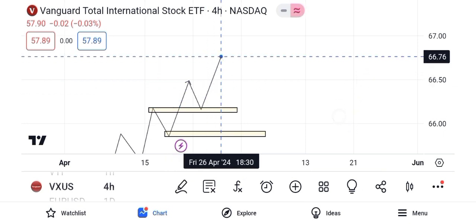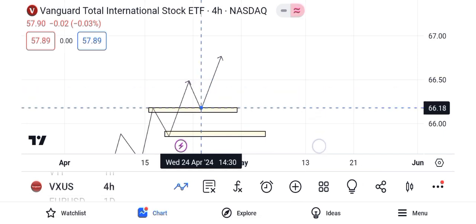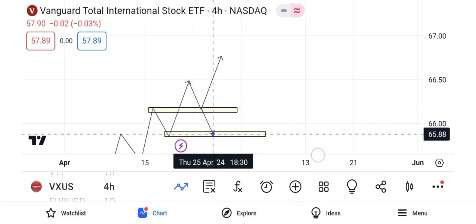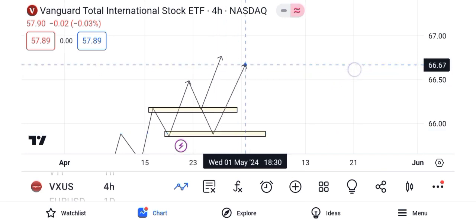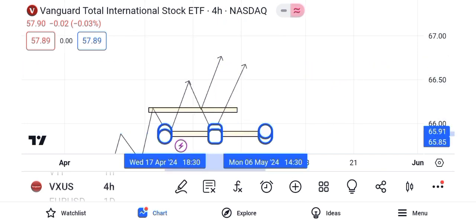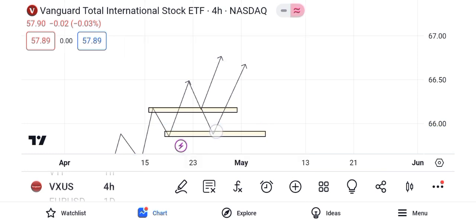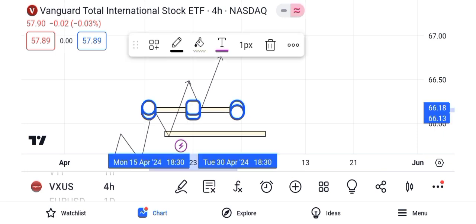Or sometimes the retracement can be so deep that it moves downward to this key zone here, then continues upward. So that's how it sometimes looks. So this is spotting our support. We'll be spotting two support zones in an uptrend, and they must all be drawn at their swing points.